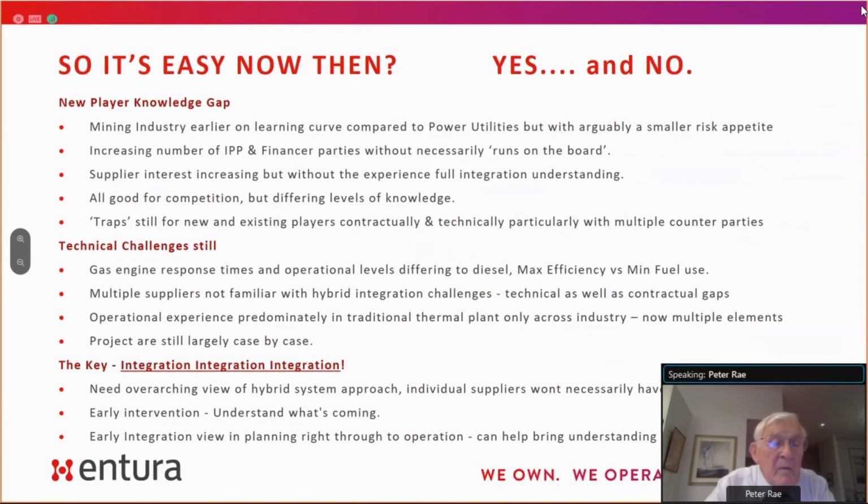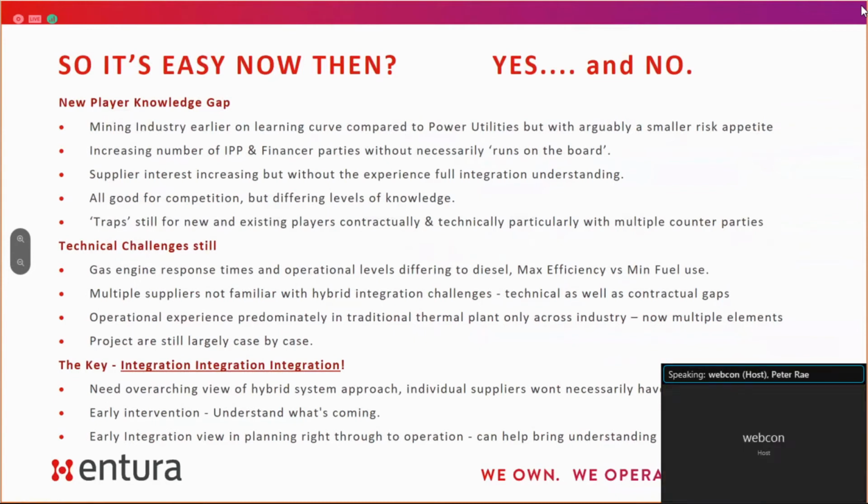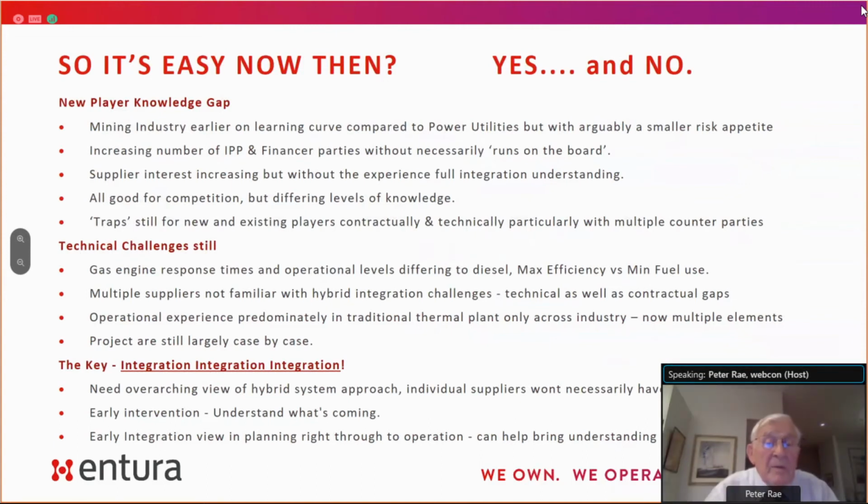He says we need an overarching view by a hybrid system approach. Individual suppliers won't necessarily have that overarching view. Early intervention and understanding what's coming. Early integration view, planning right through to operations, can help bring understanding of operations and outcomes. And those are the summaries from a person who has a very wide knowledge of the situation.